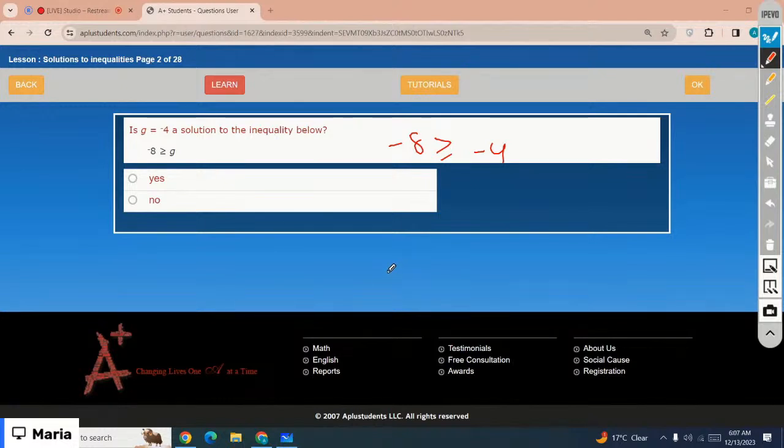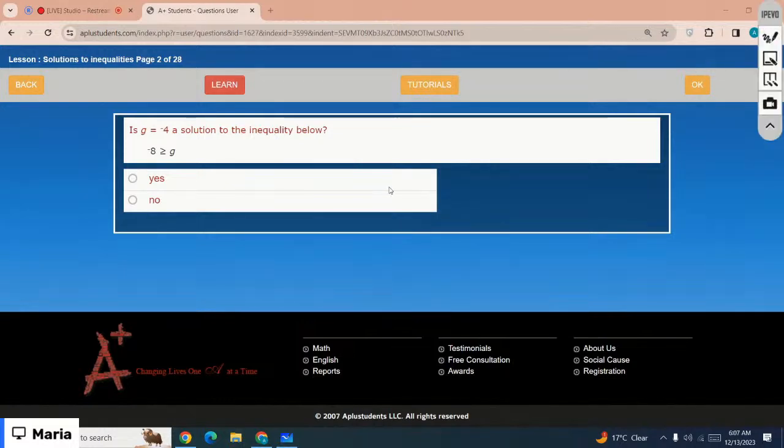No. The correct option is no, because as you are moving far from 0 on the negative side, the numbers are getting smaller and smaller. So negative 8 is less than negative 4, right? The correct option is no. Got it?